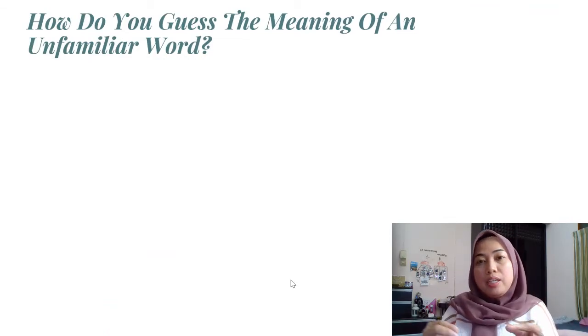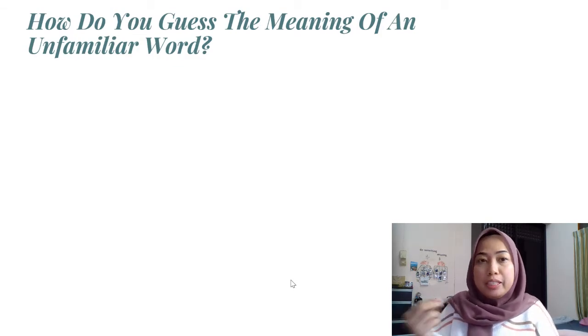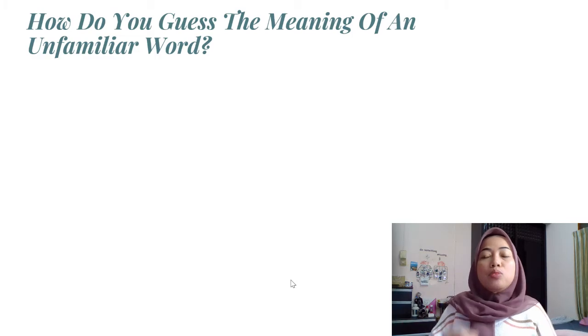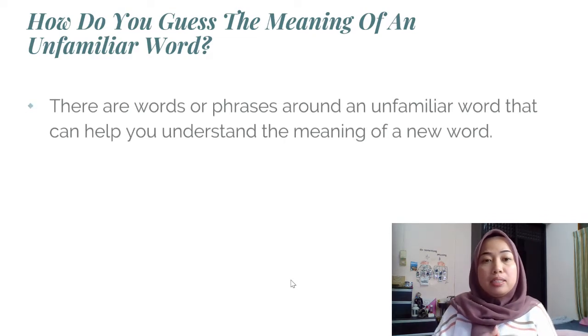What we're going to learn today is what we call context clues. Now, when would you need to know about context clues? Context clues are used when you want to guess the meaning of a word that you might not be familiar with, a word that you don't know the meaning of.